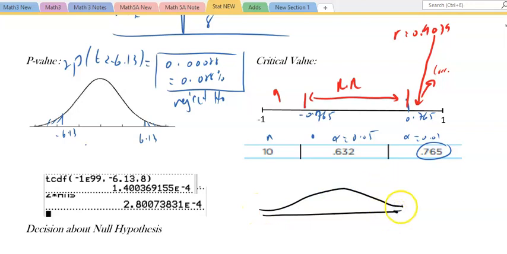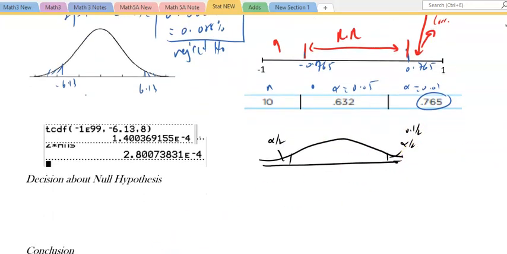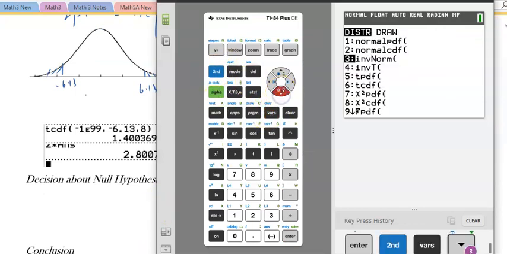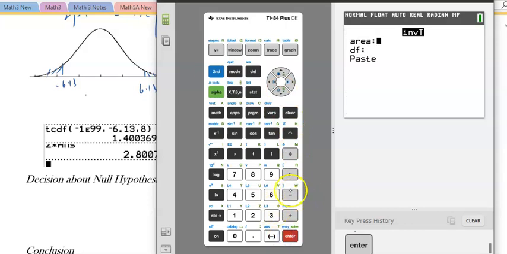You could also do, if you really want, a t-distribution, since it is a t. This is alpha over 2. This is alpha over 2, which is 0.01 divided by 2. Degrees of freedom will be 8. You could use an inverse t-distribution and figure out the rejection region like we did before. You're looking for an area of 0.01 divided by 2, not 0.1. Degrees of freedom are 8 in this case.